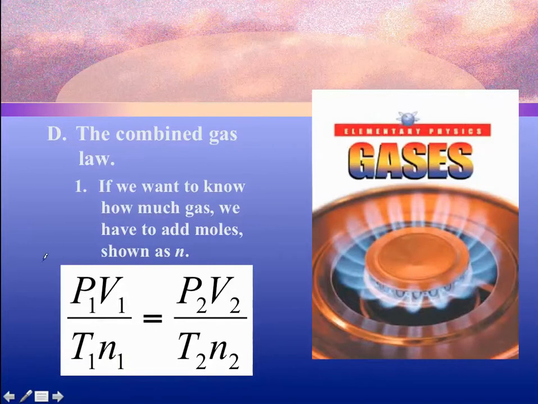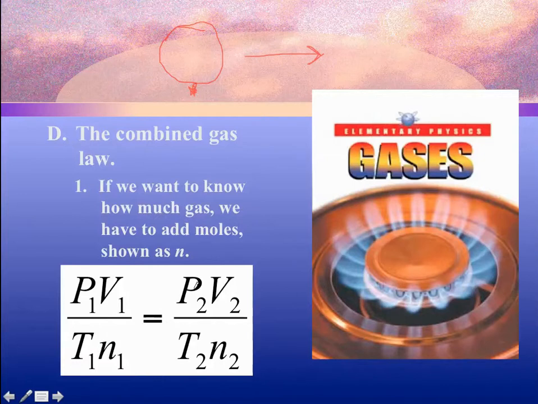If we have one gas, so here's our balloon with gas, it has a certain volume, has a certain temperature. If we do any kind of change to it, and we want to find out how that changes the other factors, then we use this combined gas law.